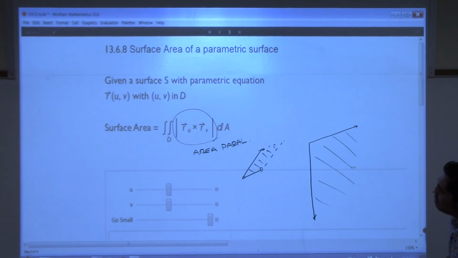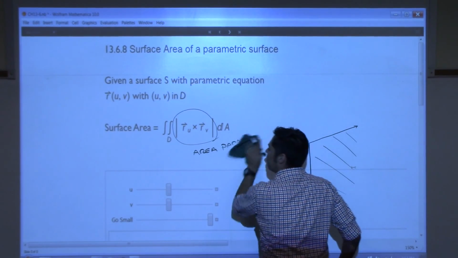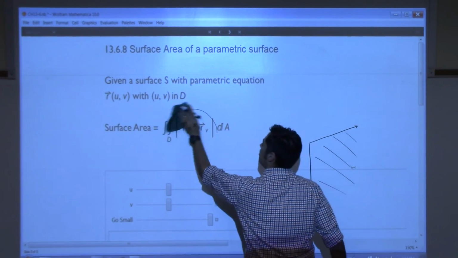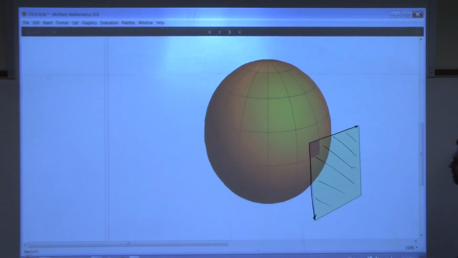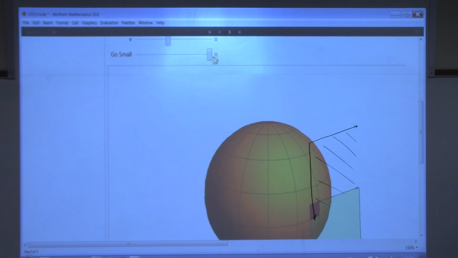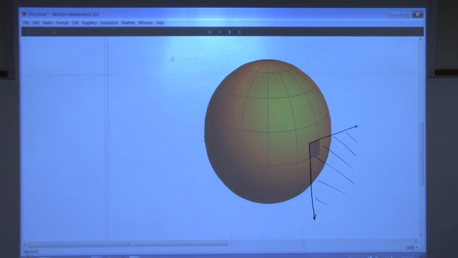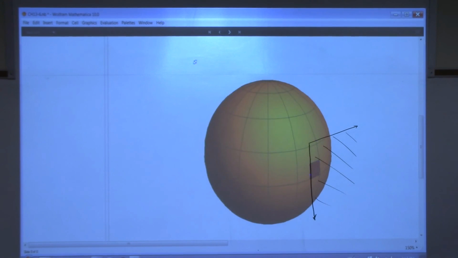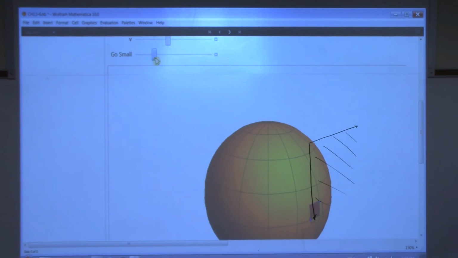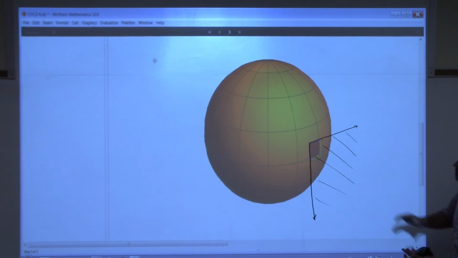So does it make sense to you that in order to find the surface area of this thing, what I should do is somehow scale that? I went a little too small. Scale that thing down.